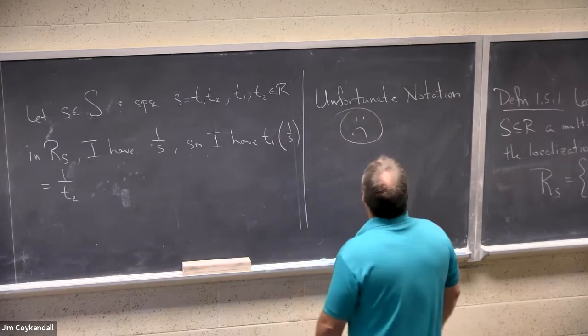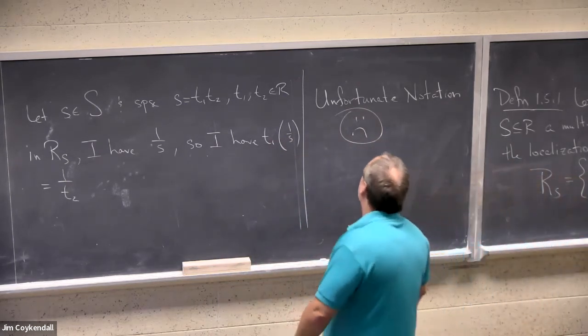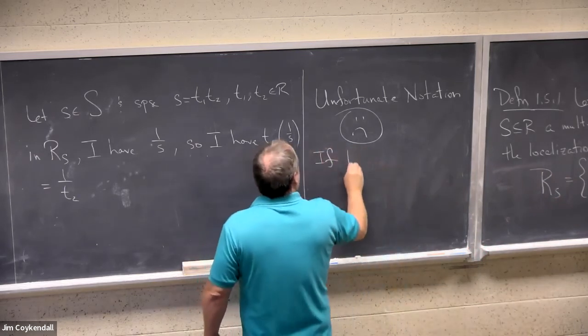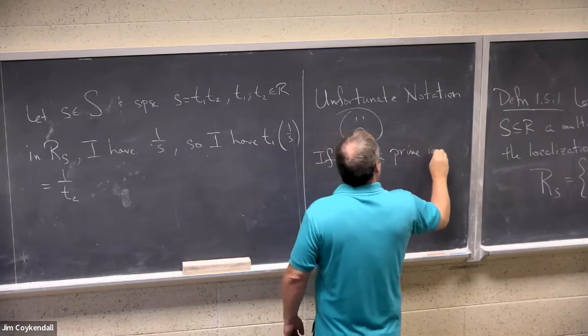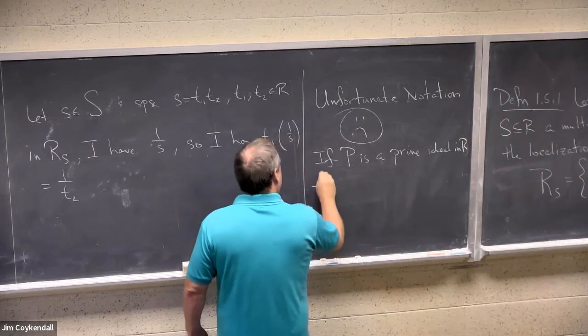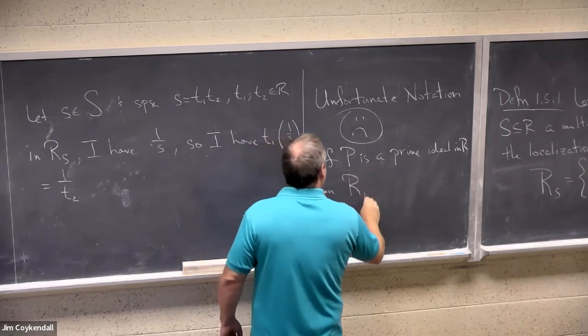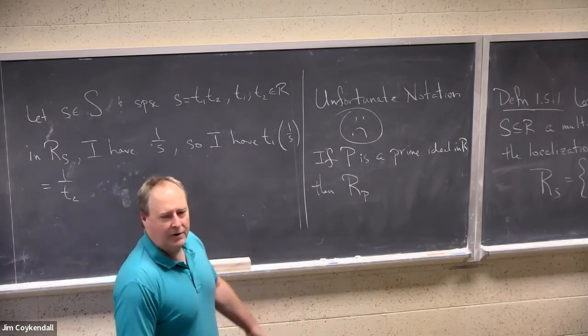Unfortunately, I'm going to have to introduce you to some notation that's less than optimal. If P is a prime ideal in R, then R localized at P, sometimes you see this and all of a sudden you're like, what the heck is going on now?